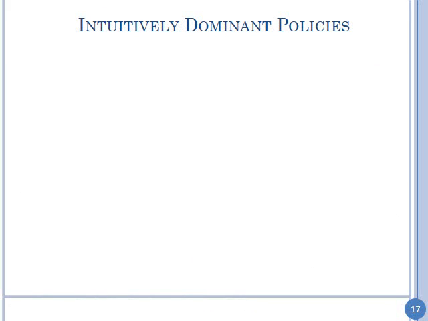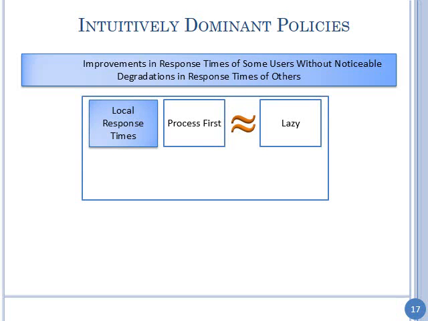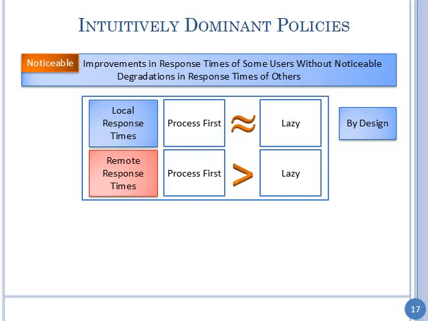Okay, so now let's intuitively think which policies are dominant. We saw that the lazy policy gives us improvements in response times of some users without noticeably degrading the performance of others. Compared to the process first policy, the local response times are not noticeably different, and this is by design. But the remote response times are noticeably better than those of process first.